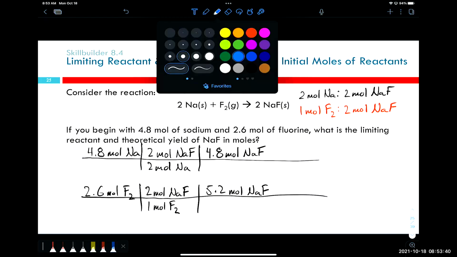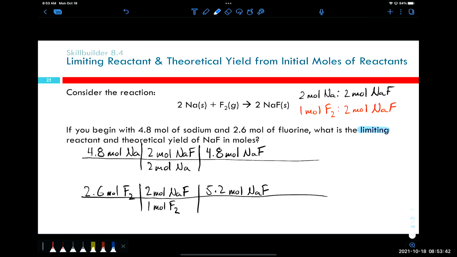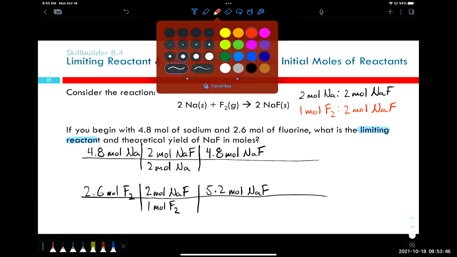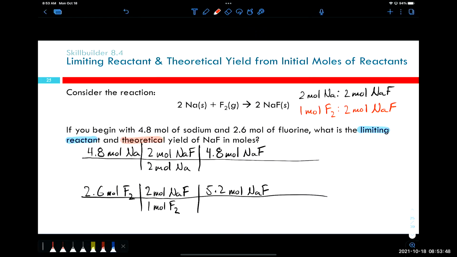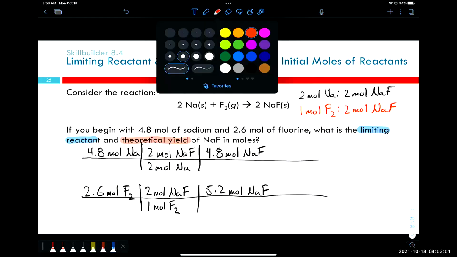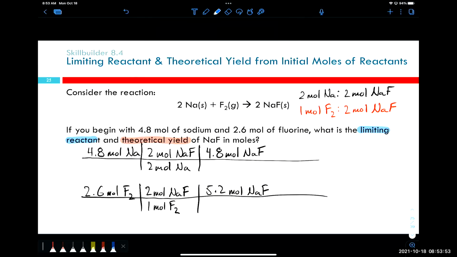So let's see, right? We want a limiting reactant. We want theoretical yield. So which of these is our limiting reactant? Mm-hmm, 4.8 moles of sodium.